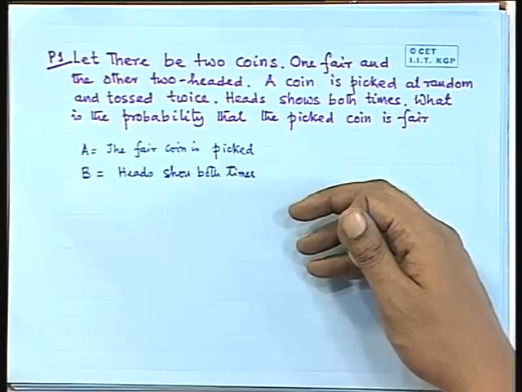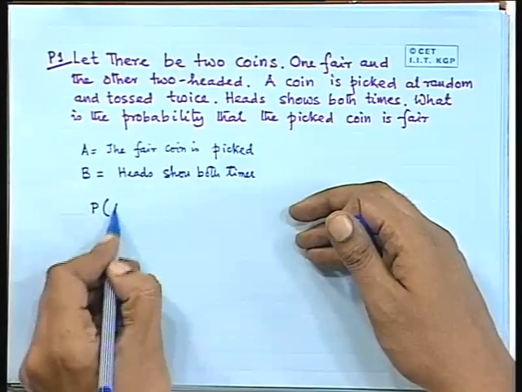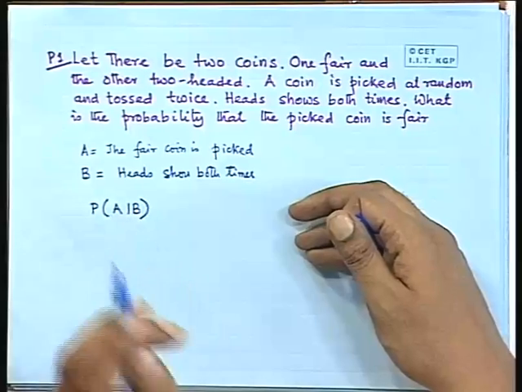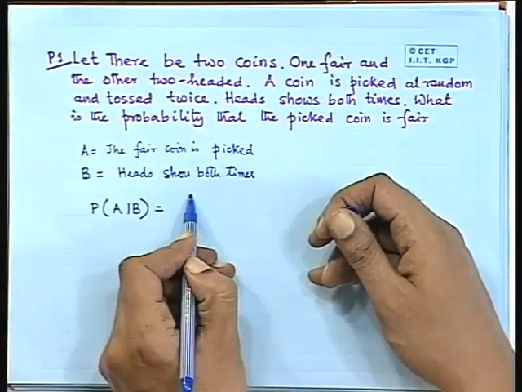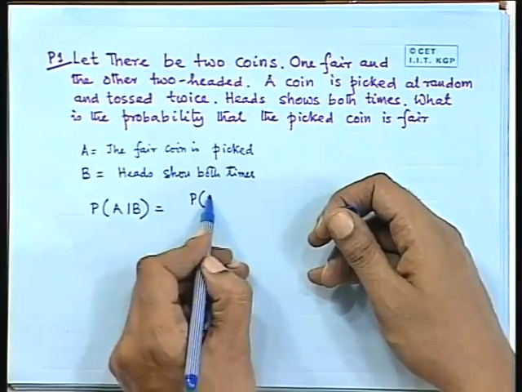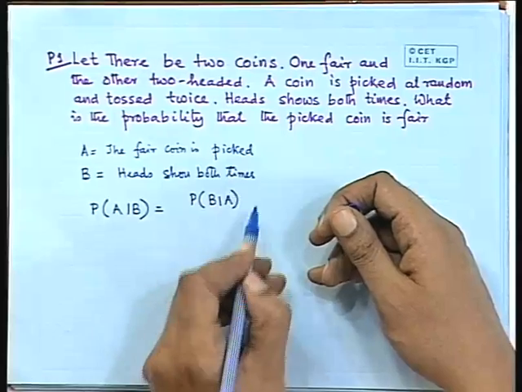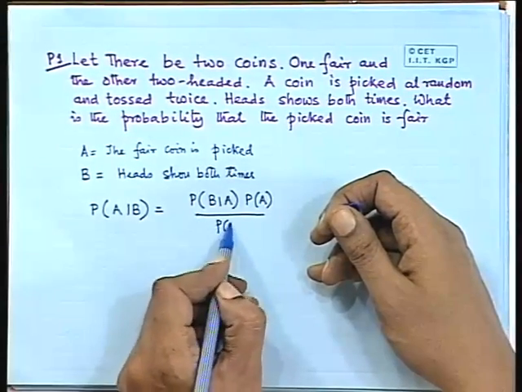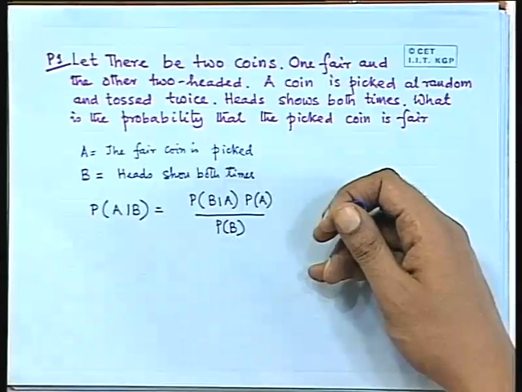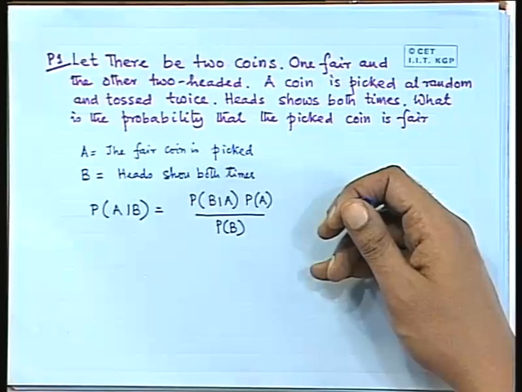So what are we trying to calculate? We are trying to calculate probability of A given B. This is what we have to calculate, right? So what is probability of A given B? It is probability of B given A into probability of A divided by probability of B. Right?